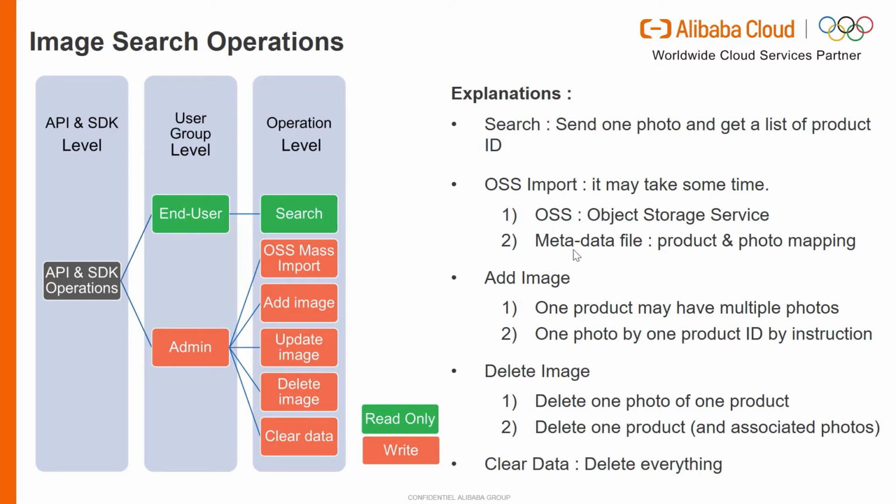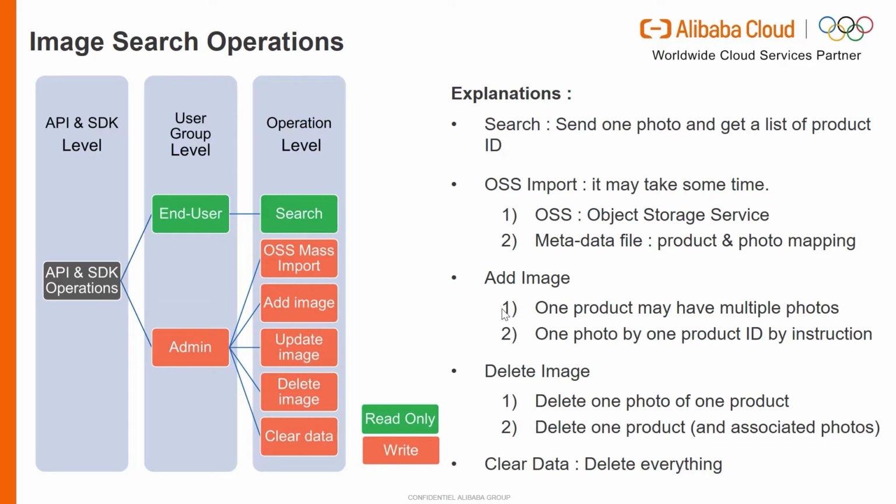Then you can prepare a metadata file, which is a JSON format file. It contains a list of products and its associated photos. After that, you can operate this action. Then millions of photos will be inserted into your image search engine. It may take some time if you have a lot of photos.